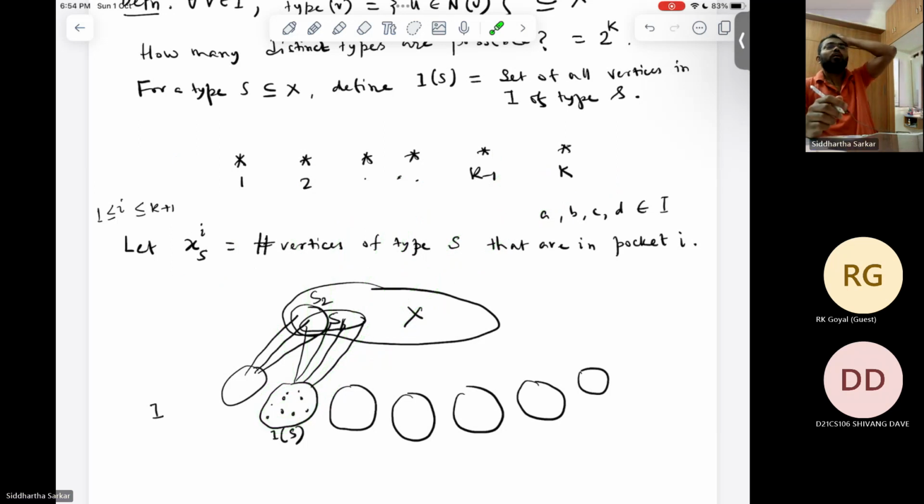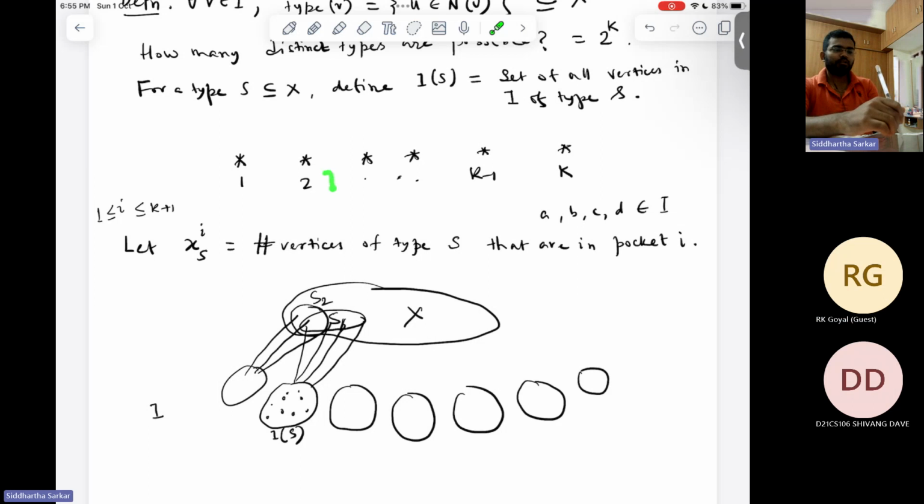Are you with me? Yes, yes. Now take a moment. If you are with me, then you have to tell me how many variables there are. How many x sub s i variables have to be defined at most? What is the size of the gap in between two stars? How many elements can be accommodated in between, say, 2 and 3?